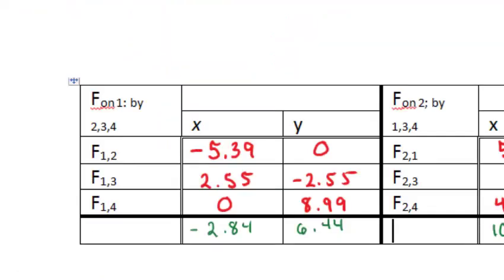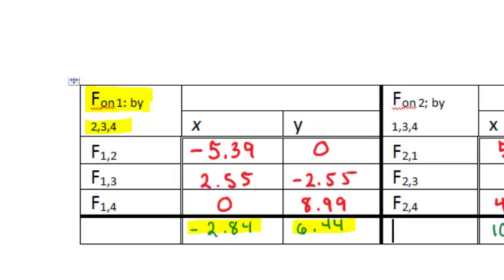Okay, now I'm ready for that final bit. What I really wanted to know is, what was the force exerted on Q1 by the combination of charges 2, 3, and 4. I've got the x component of that force and the y component of that force. So now I have to recreate it as a vector.